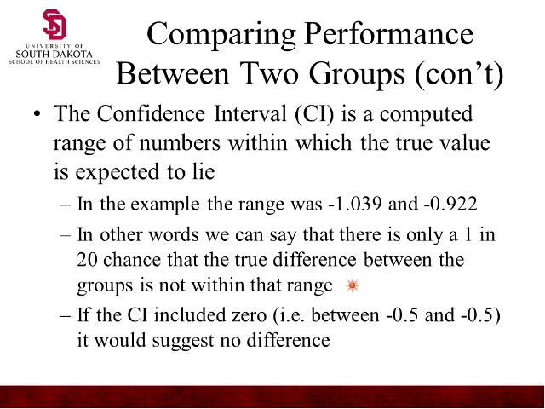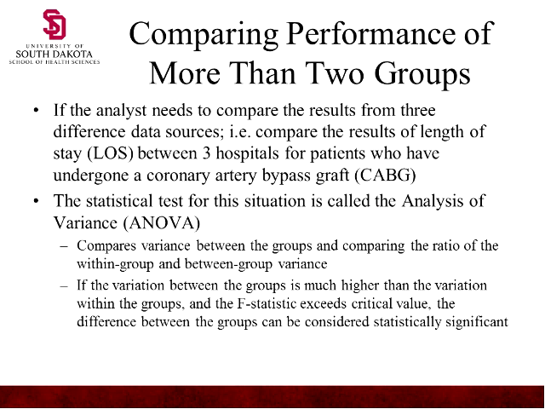So what it basically says is that it's not very large. So if the confidence interval included 0, between 0.5 and minus 0.5, it would suggest no difference. So this is close enough that it's not much, if you will.